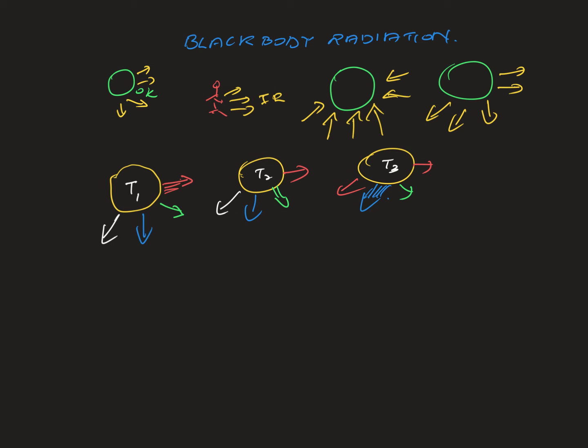So scientists initially tried to draw a graph between the wavelength and the intensity. So here wavelength and here intensity. And they found out that the black body radiation curves look quite similar for all the objects with different temperatures.